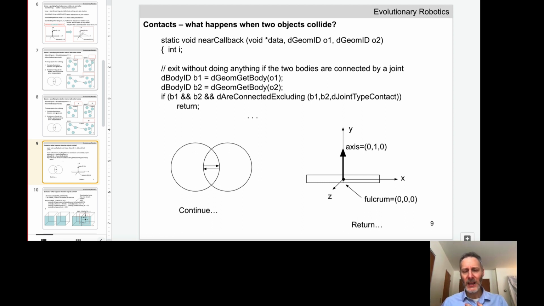Apologies. That's contact detection. Let's talk about contact resolution. So let's imagine that our physics engine has now detected that there are two objects that are close to one another. In most physics engines, there is a callback. You define a callback function. Some of you may have heard of callback functions before.